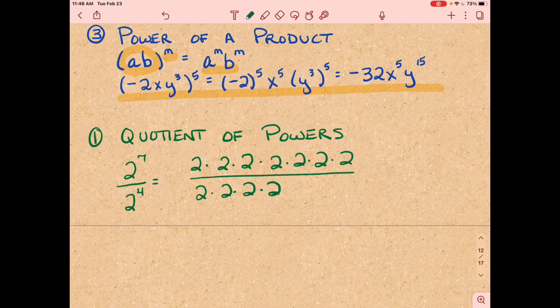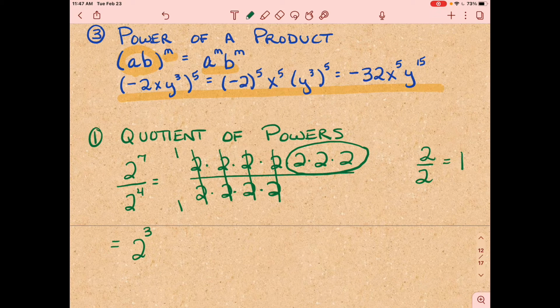And so if we were just simplifying fractions, we would be able to cancel the matching 2's. 2 over 2 all by itself just equals 1. So when we cancel these, we're just leaving behind 1's. What's left here are 3 2's on the top, and we could represent that by saying 2 to the third. The pattern that we're noticing here is when we do all that canceling, we're actually doing subtraction, top minus bottom.